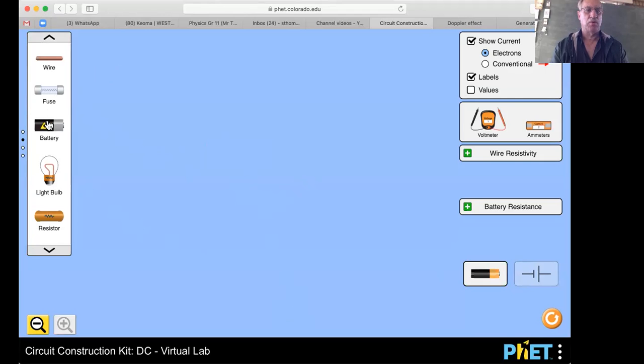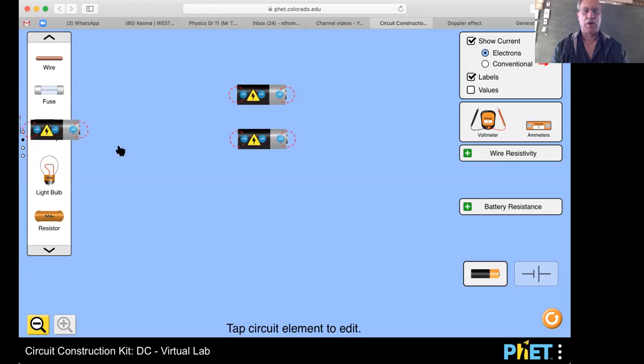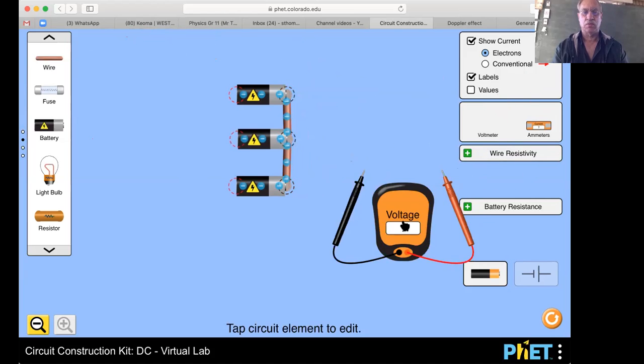So for example, say you wanted to build a circuit with 3 batteries in parallel, which no one seems to ever know what happens if you take 3 batteries in parallel. So then you do that, and you can move this around to there. Do that, move that around to there, and maybe grab a voltmeter.